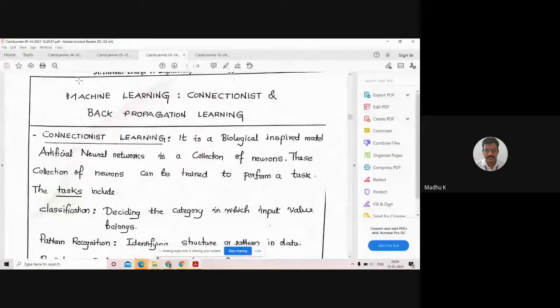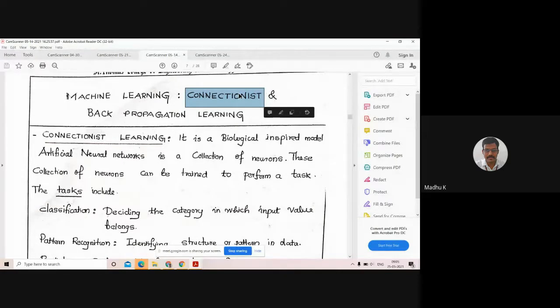Next, I'm taking another topic, machine learning, and this next learning. This topic you already studied in our soft computing and machine learning in the previous semester. We studied neural networks and backpropagation learning.